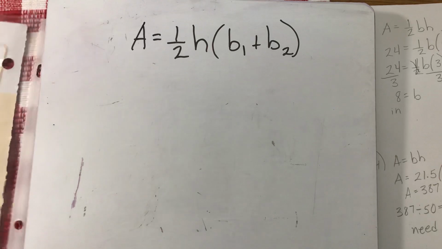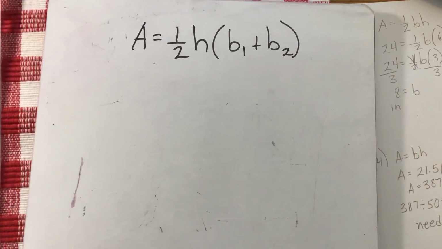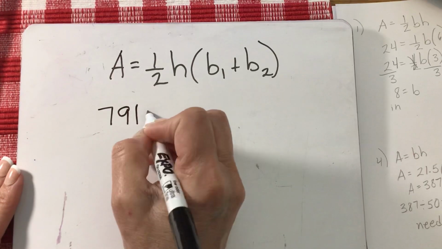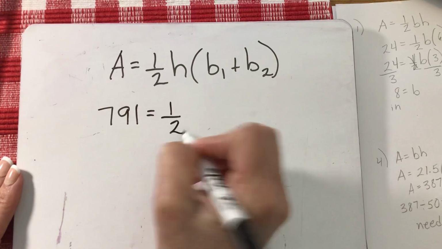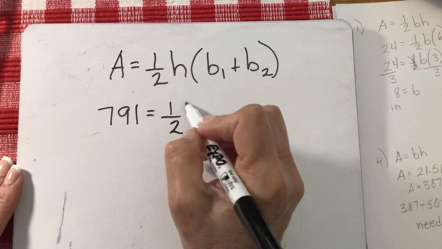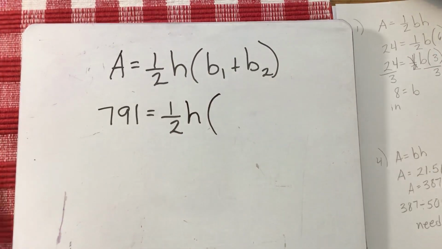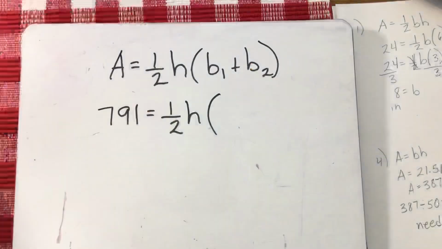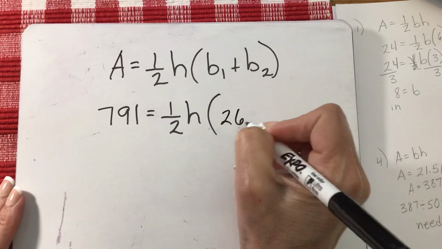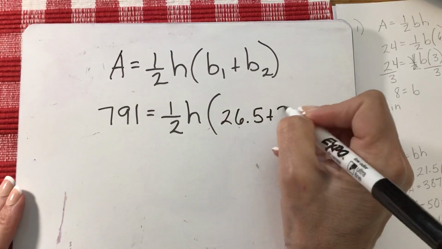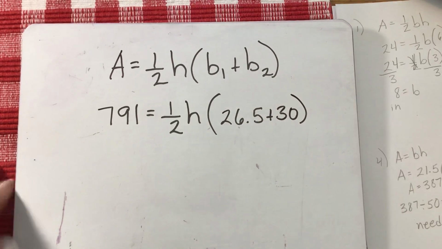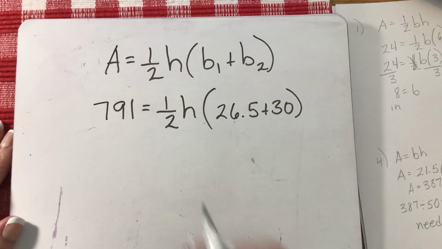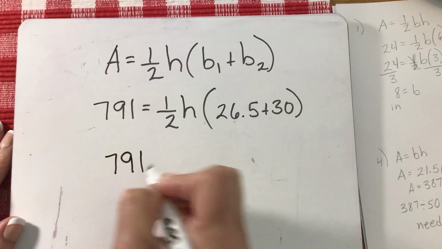Let's plug in what we know. They've already told me that the area is 791, 1/2. I don't know what the height is, but I do know what the two bases are because they told me what the two bases are, 26.5 and 30. Okay, I'm going to do what's inside my parentheses first using my order of operations.